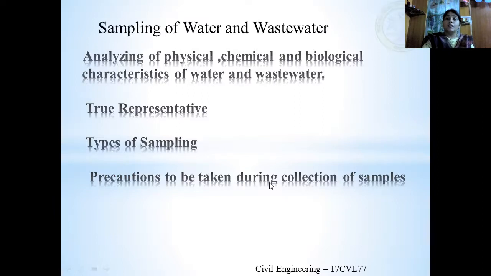And at the same time, even the wastewater sample is collected in the same manner. The various parameters are also tested for the wastewater, and it is treated. The characters, the parameters which we come to know, they can be determined, they can be adjusted, they can be treated. Once it is treated, then only it can be discharged into any source.